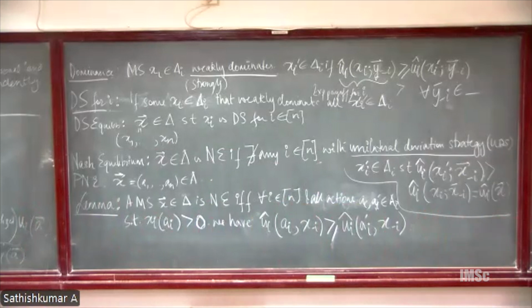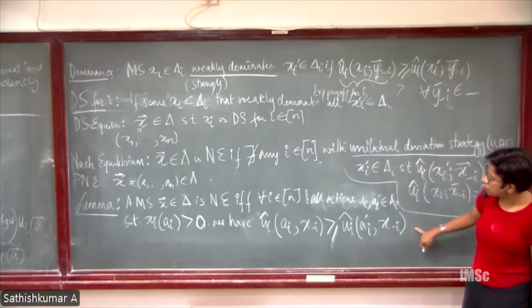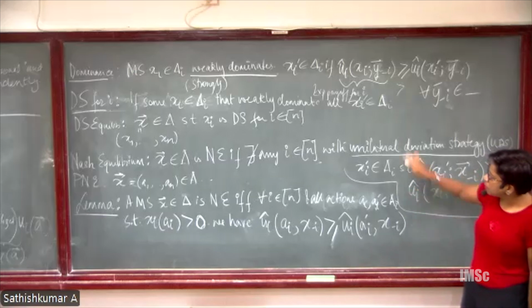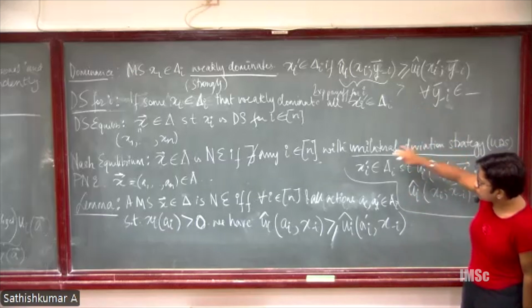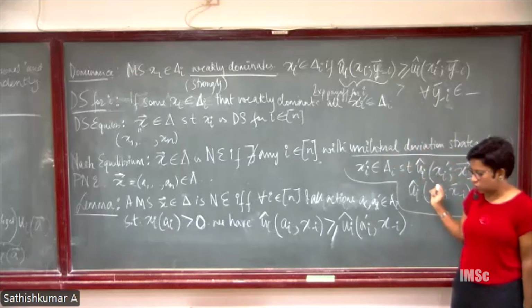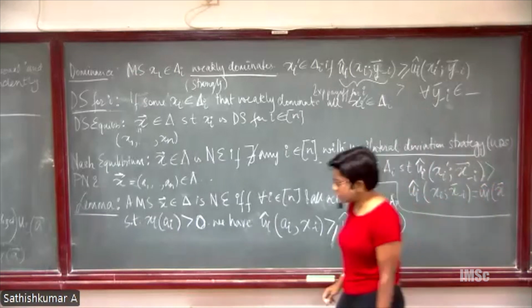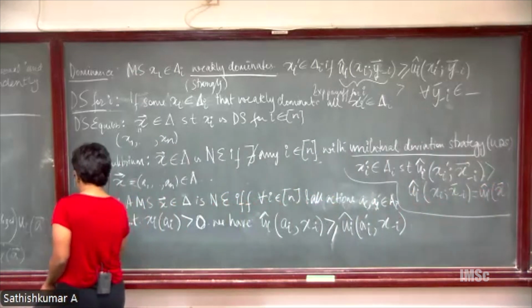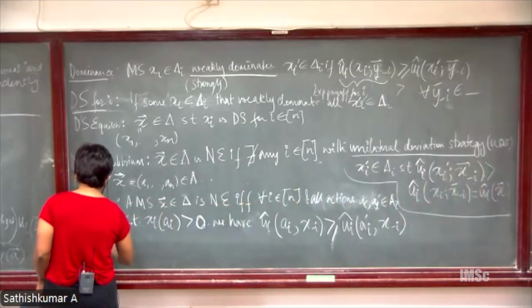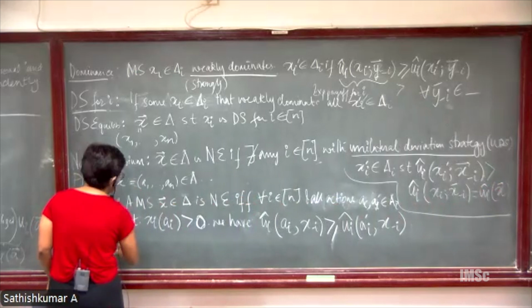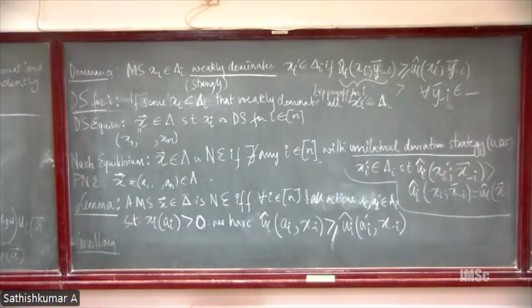This will be part of our homework. I'll add this to the first homework. You will prove this lemma using this definition, Nash equilibrium and unilateral deviation. All right, so the consequence of this is what? Tell me a bit formally so that we can use it precisely.